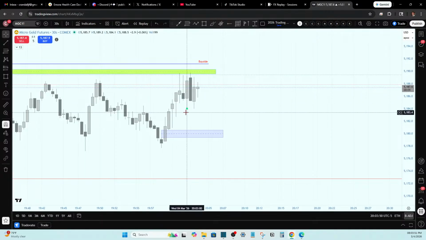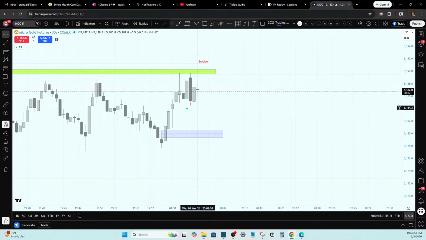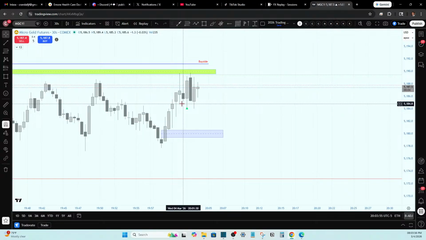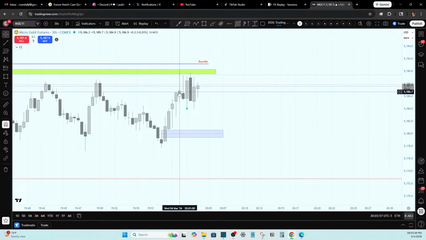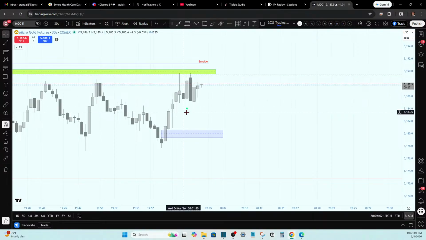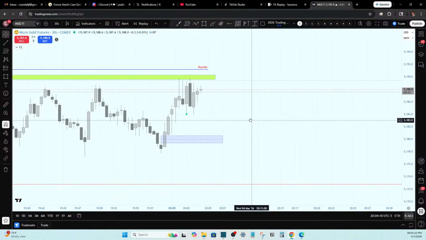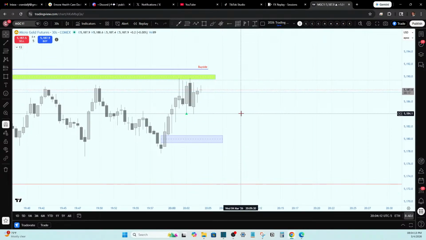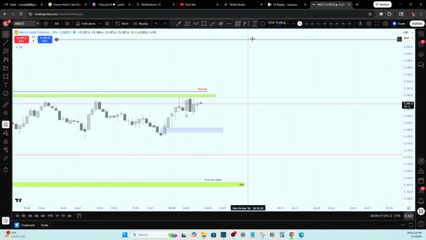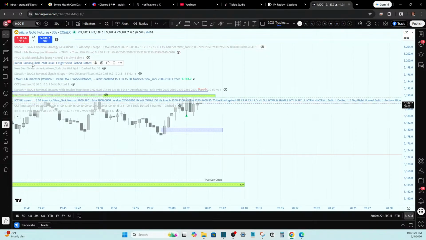I got a bullish signal here, just from an indicator I built, but that just looks for a 3 candlestick pattern, which is bullish, bearish, bullish. That's why that little green triangle is there, but I'm not convinced that we're going to go bullish. We do have this IB level up here. This is the indicator I use for initial balance.